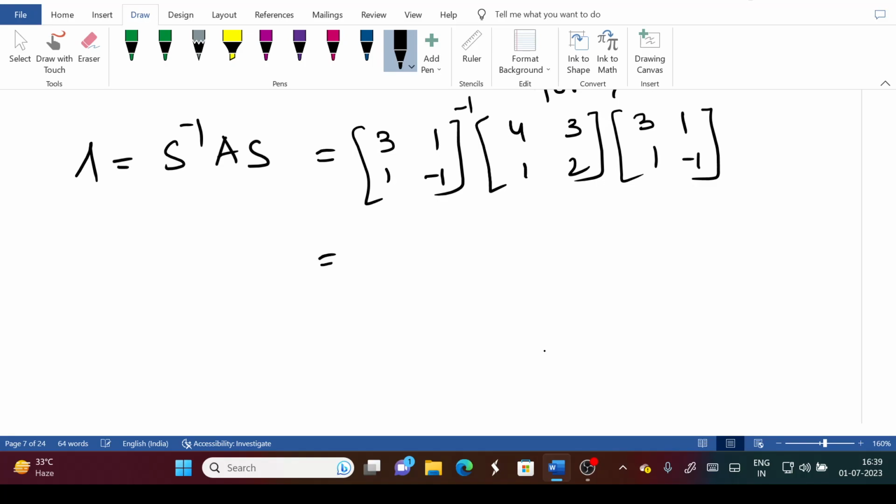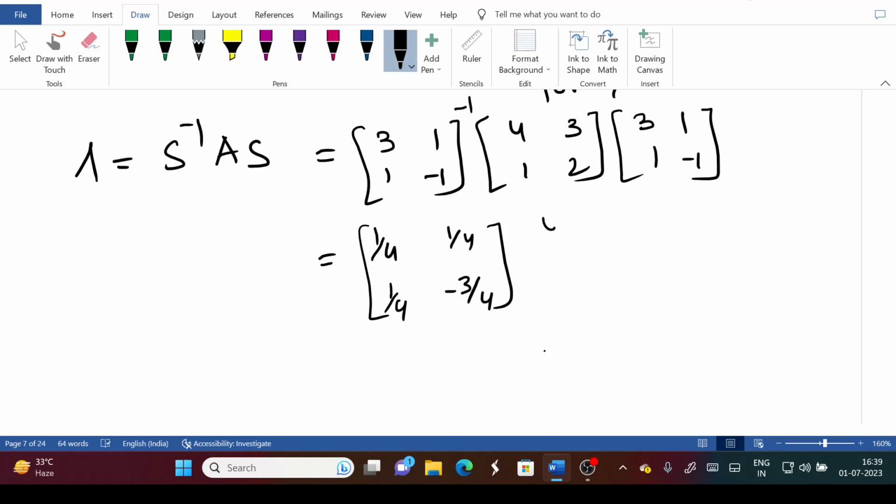So here this is equal to, what about this? Its inverse is 1 by 4 times [1, 1; 1, -3]. The positions are interchanged, and minus minus multiply, and it is 1 by 4. So how much is it?